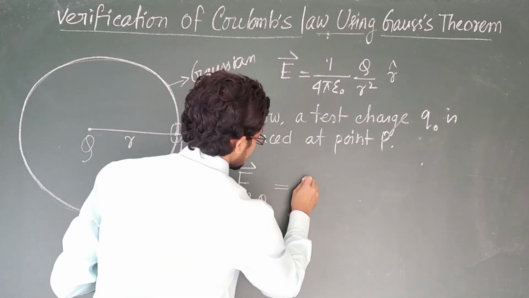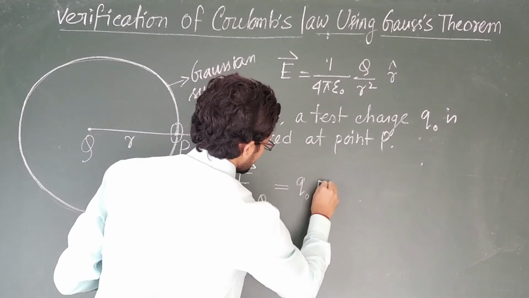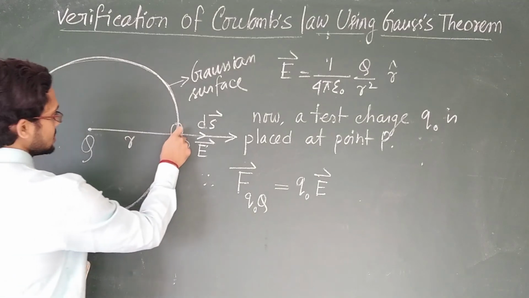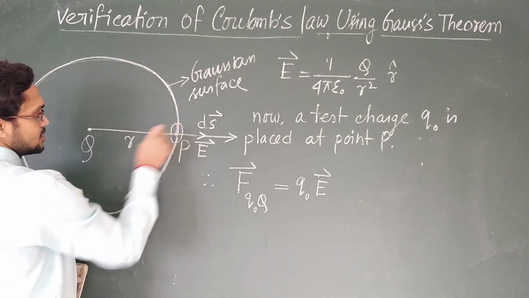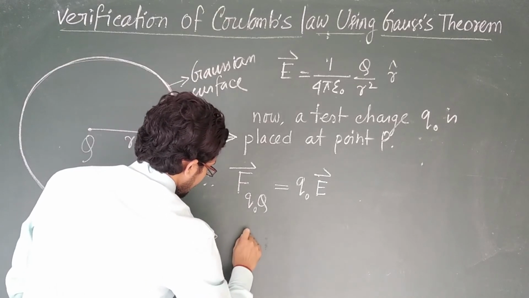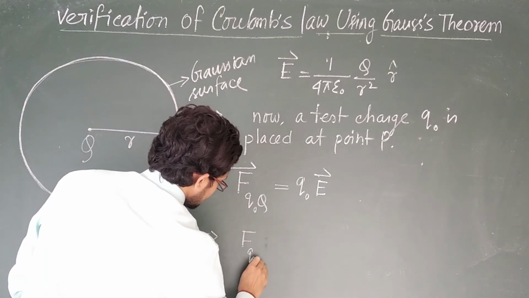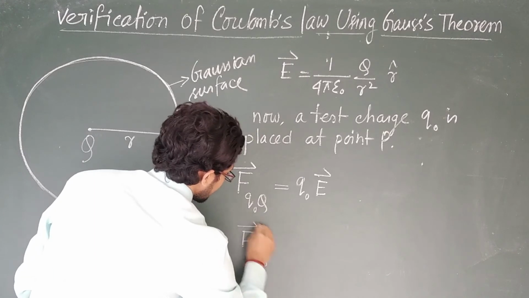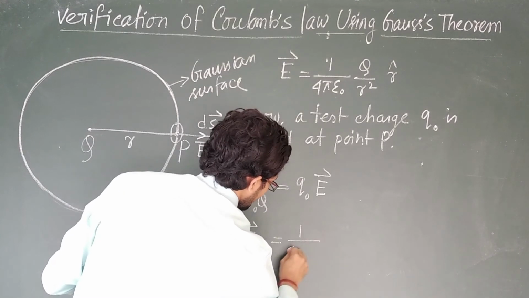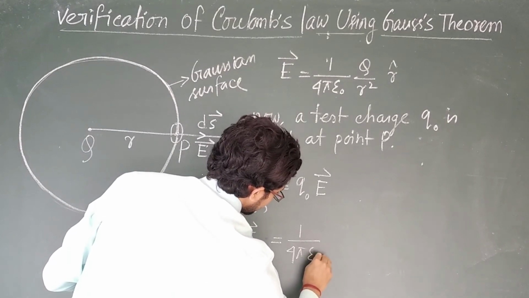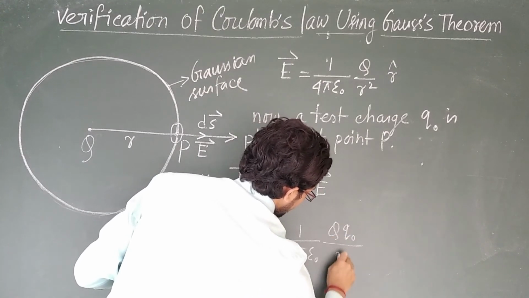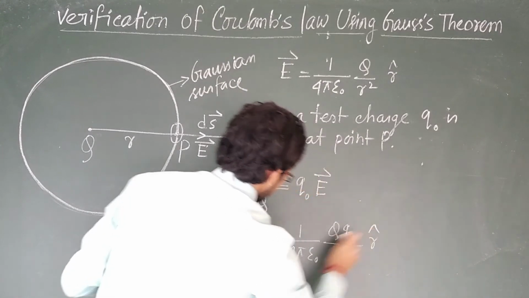So it is Q0 into E. So the force F on Q0 due to Q equals 1 by 4 pi epsilon 0 Q Q0 by r square r cap.